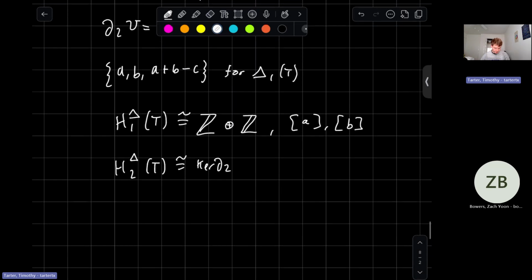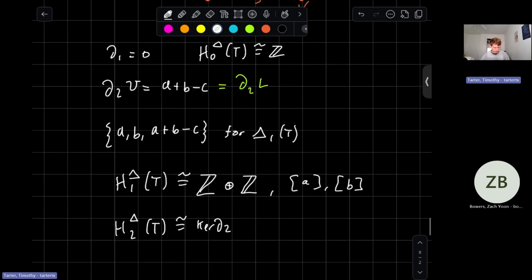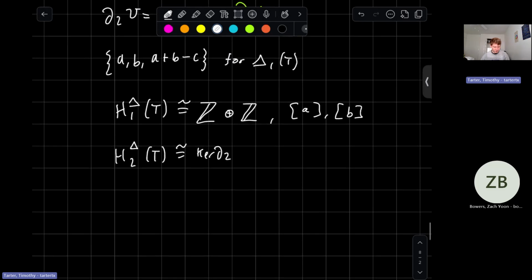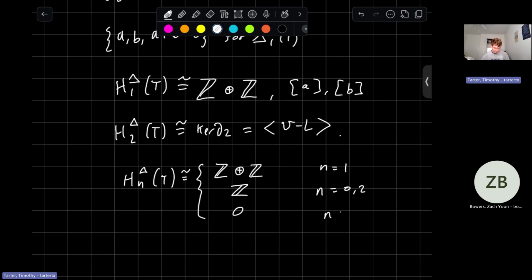And this is going to be the loops on the surface, and so we should just get infinite cyclic generated by U minus L. And so we get the classification that the nth homology groups are isomorphic to Z direct sum Z, Z, or 0, for n equals 1, n equals 0 or 2, or n greater than or equal to 3.